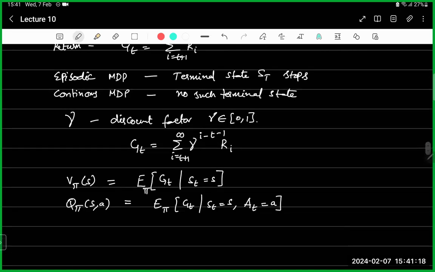We also saw how to write V pi in terms of Q pi, right? How can we write it? Can we write it like this?